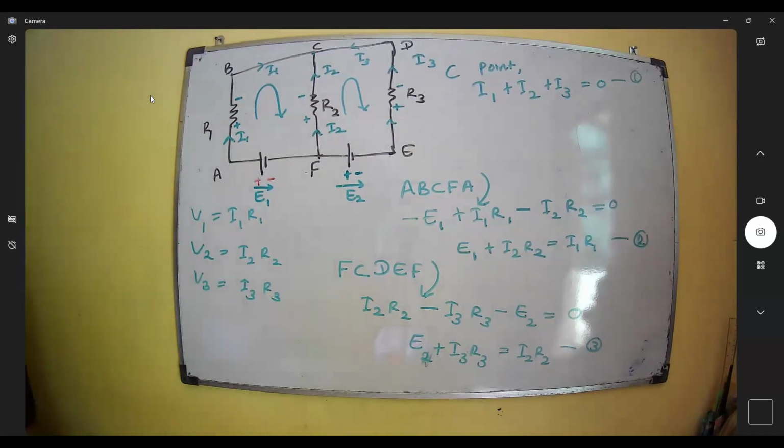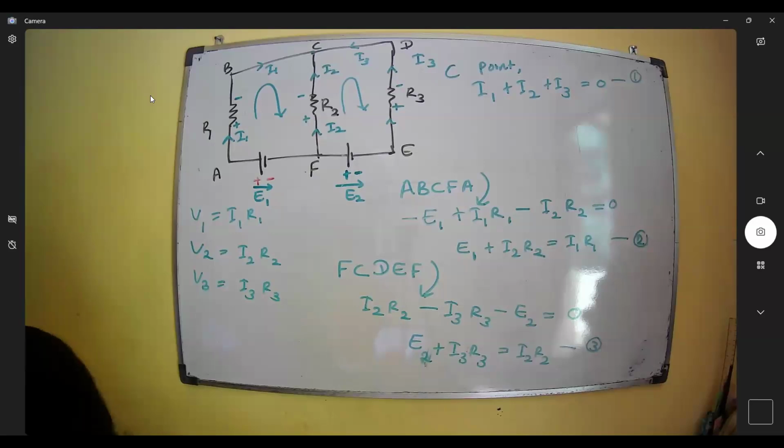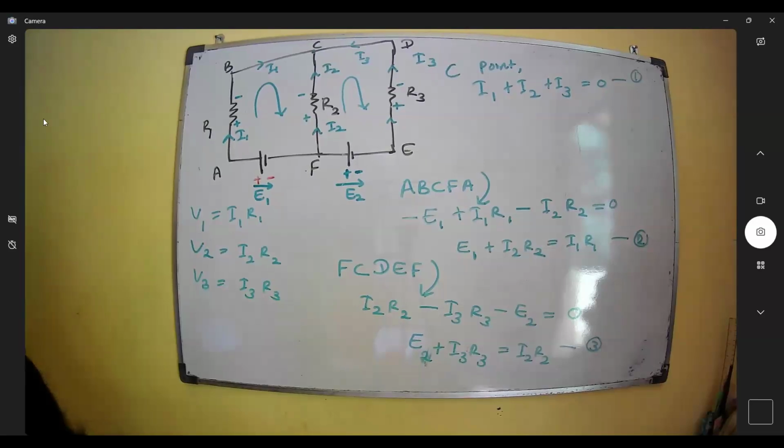Then the electricity part is finished. The question can come from potential law, electric field law, Ohm's law, or Kirchhoff's law, right? Then the other one, an easy one, waves.